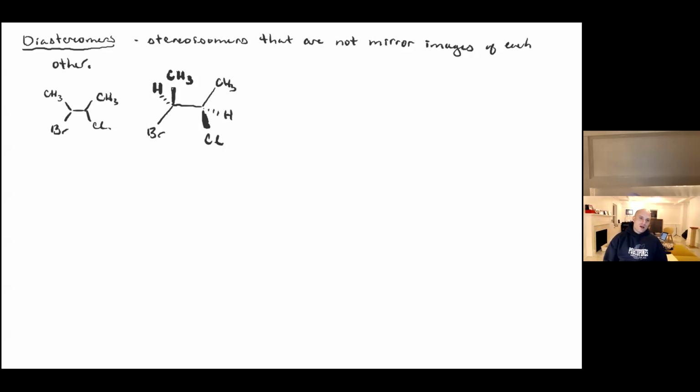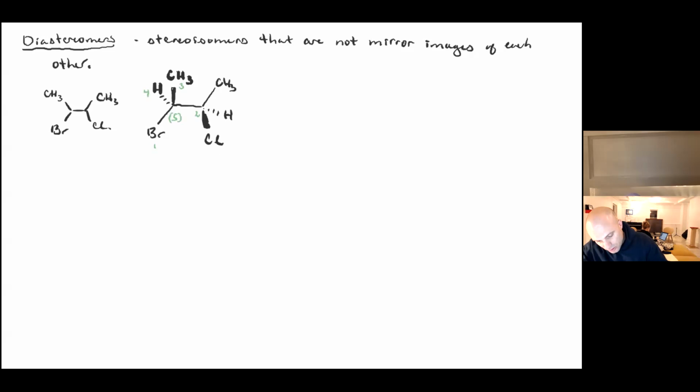And so I can work out the absolute configuration of each center in this molecule. If I do it for the carbon on the left, this is priority 1, this is 2, 3, and 4. Then looking down the bond to the lowest priority substituent, I draw an arrow, and that arrow runs in a counterclockwise direction. And so that is the S configuration there.